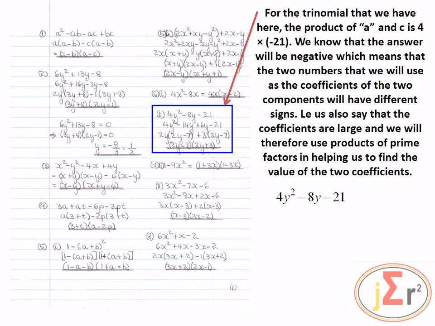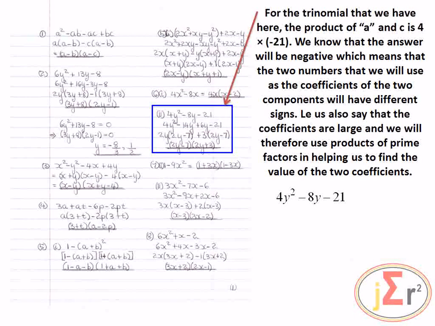Let us also say that the coefficients are large, and we will therefore use products of prime factors in helping us to find the value of the two coefficients. We are not saying that they are actually large.